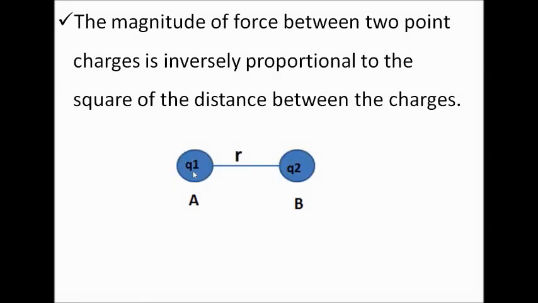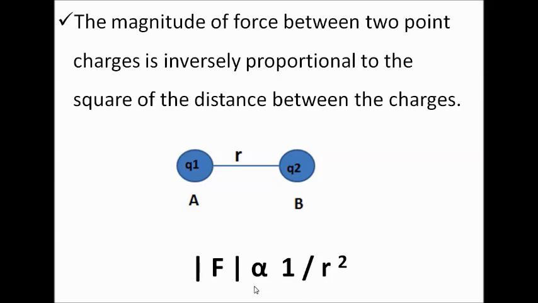For example, assume that we have two charges Q1 and Q2 separated by some distance r. The force acting between these two charges is proportional to 1 by r square. Force and distance square are inversely proportional. So, this is known as the inverse square law relation.